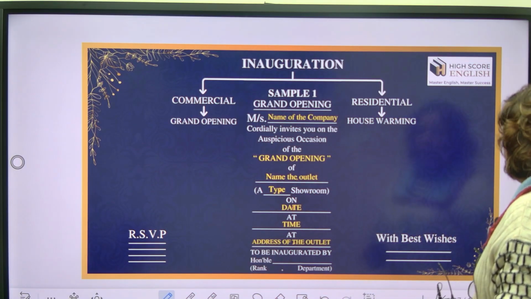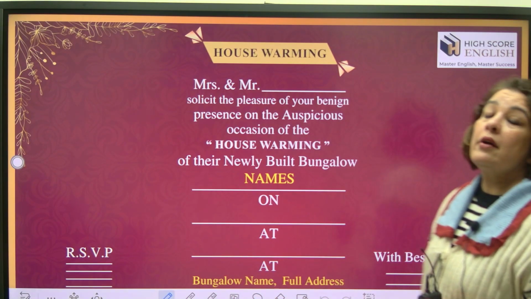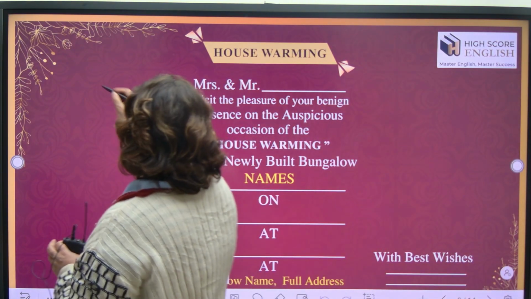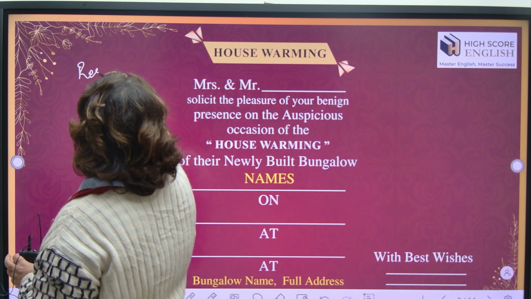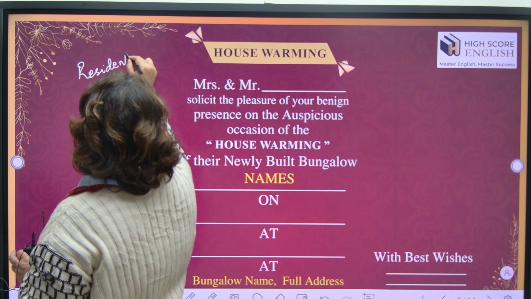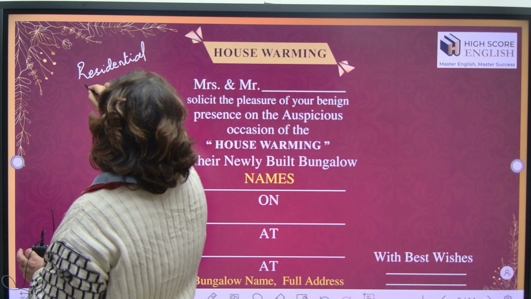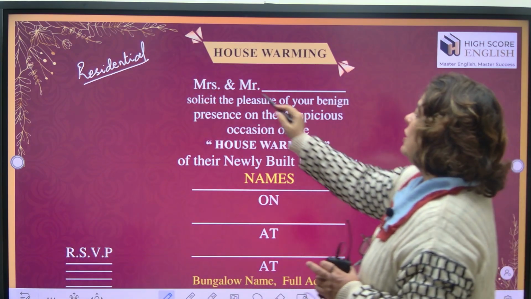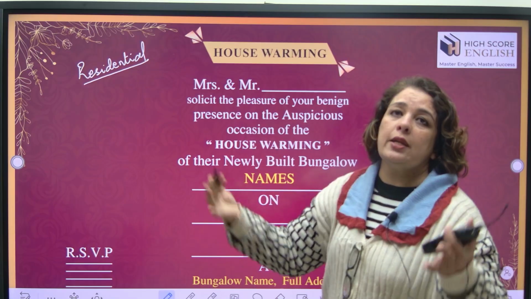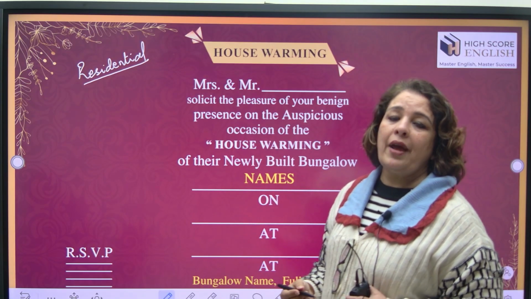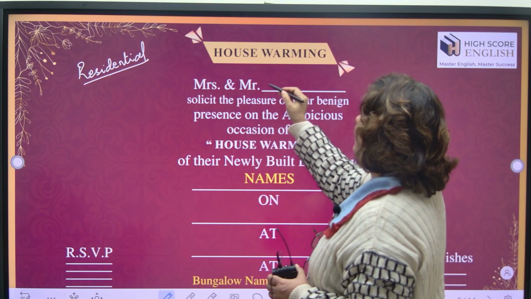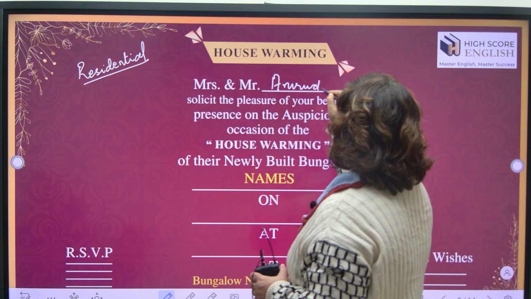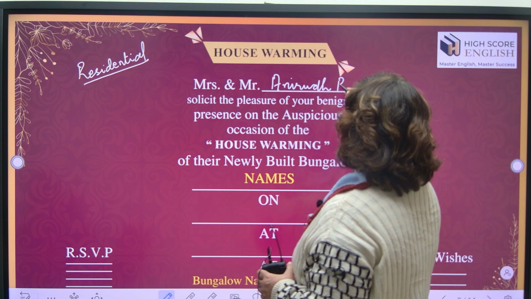Let us move now on to the second one, that is the residential one. This is your residential one. Okay? When you are building a house, obviously the head of the family, their name is going to come, Mrs. and Mr. Anirudh Bajaj.